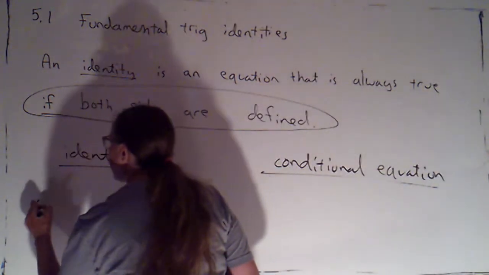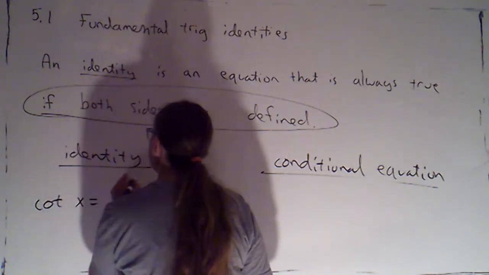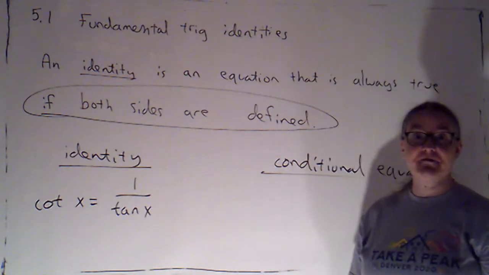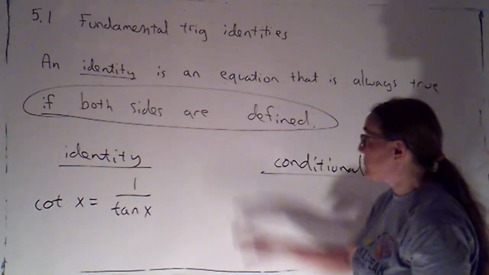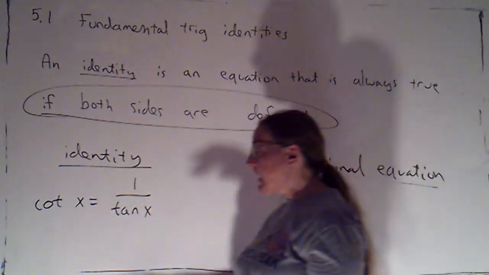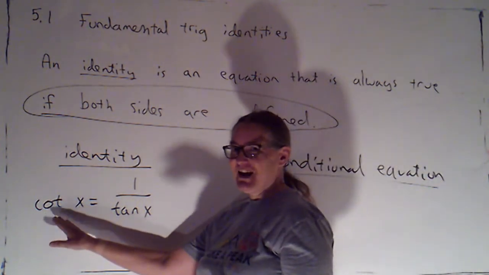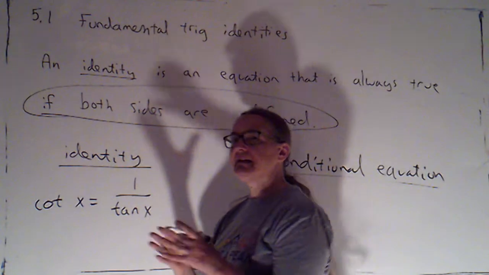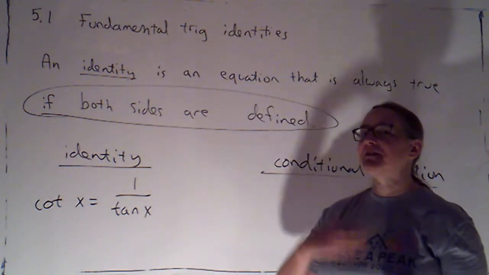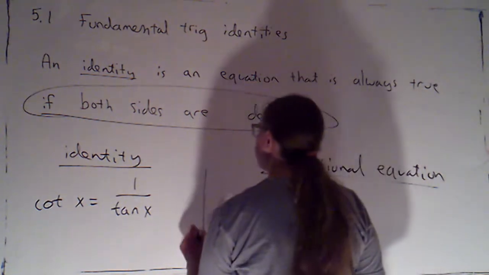An example of an identity would be something like cotangent of x is the reciprocal of tangent of x. Now this is an important one to remember, that this is true if both sides are defined. This is not the definition of cotangent, because cotangent is 0 at certain places, and those happen to be the places where tangent is undefined.